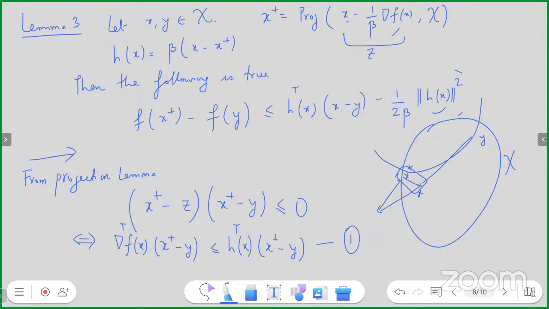What is this quantity? Greater than or equal to 0. So all I do is put a 0 here and forget that this even exists. Now I have h transpose x, x minus. So what is this x? X is x minus 1. This is x star plus minus 1 by 2 beta h of x star. That's exactly what I have. So all I use is the fact that x of s minus 1 is an inferior solution.